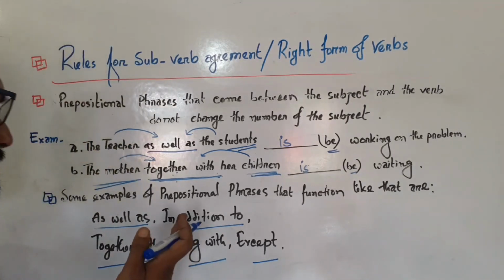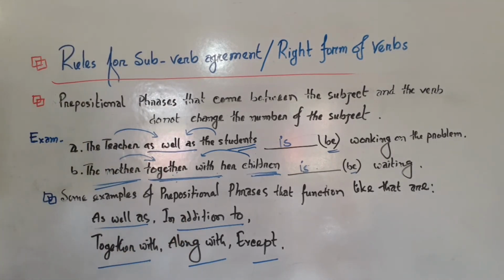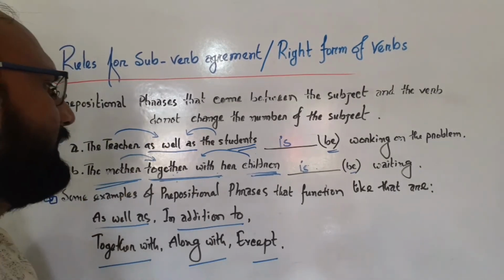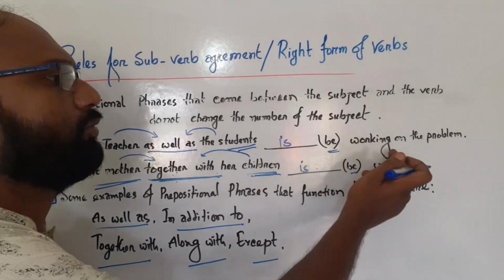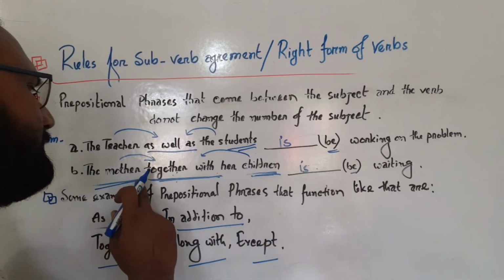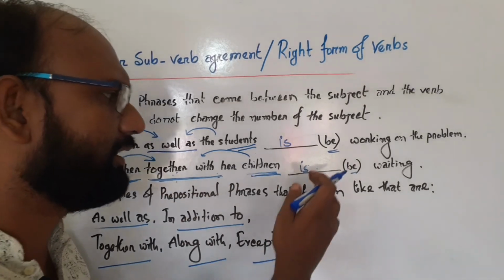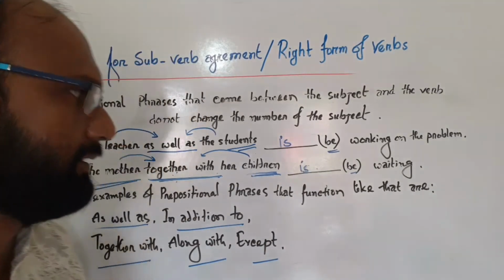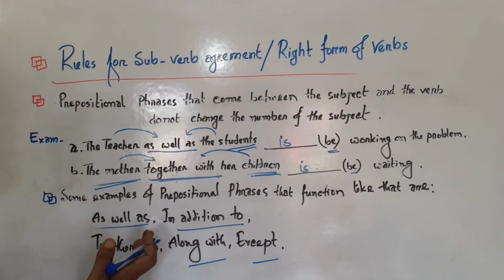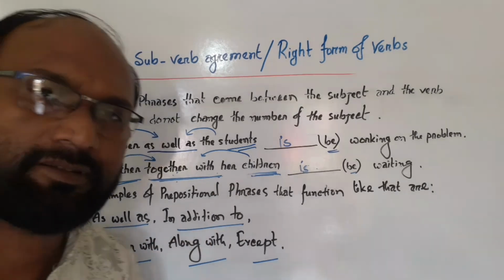These words are used like this: The teacher as well as the student is working on the problem. The mother together with her children is waiting. In such a way we will use those prepositional phrases. Okay, thank you.